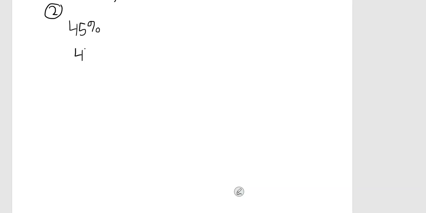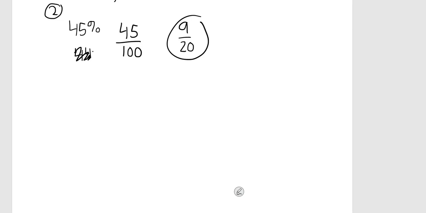So 45% we could write as 45 over 100. And then we can simplify that fraction. So remember, to simplify a fraction in your calculator, you do 45 fraction button 100, and then you hit equals, and so that would be 9/20.